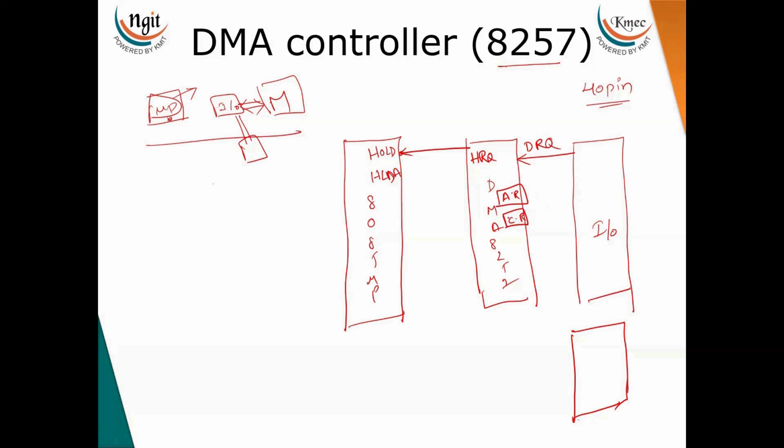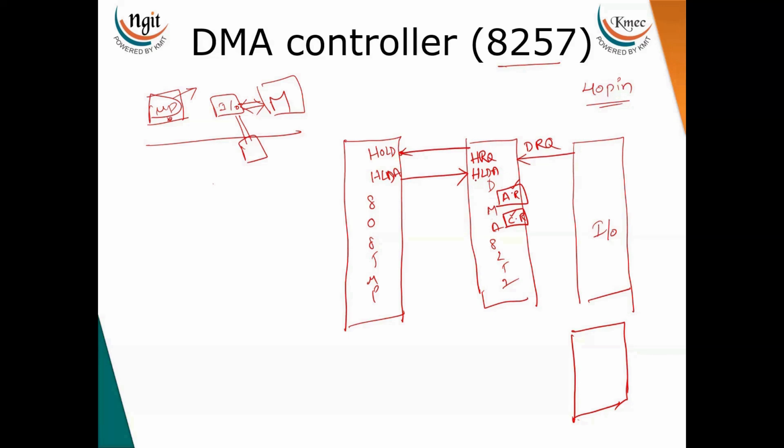After loading the address and count value, it will send the hold acknowledgement signal to the DMA. What is the meaning of the hold acknowledgement? Now the 8085 is giving the bus control to the DMA. Thereby the DMA owns the bus mastership, and now the DMA is the master.